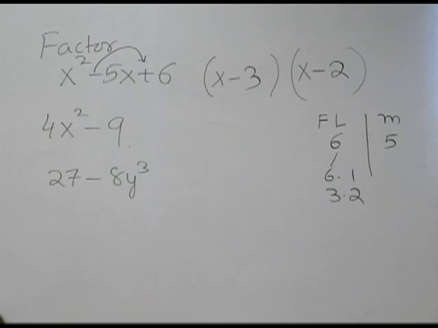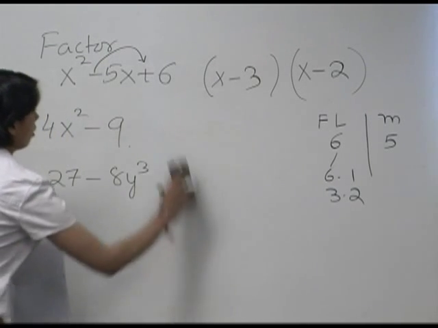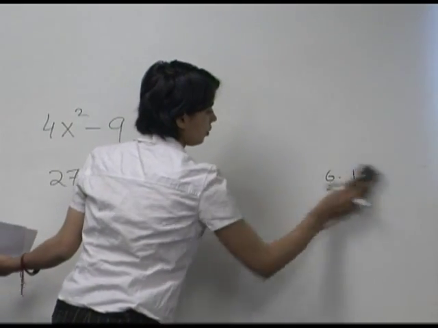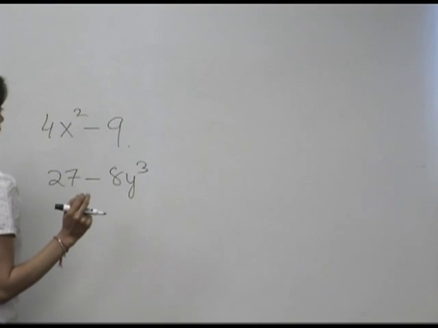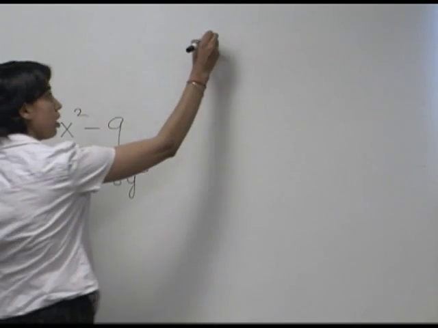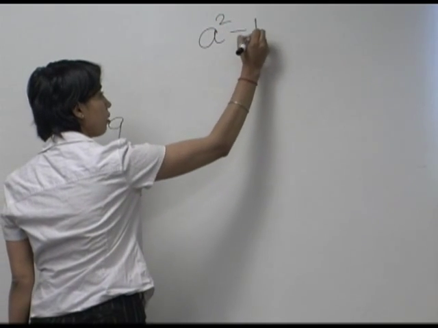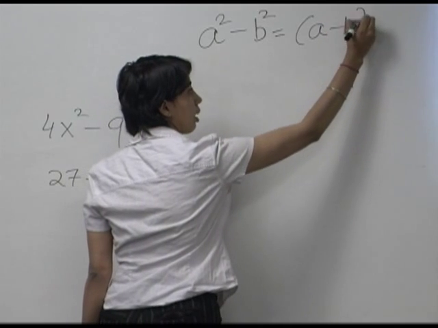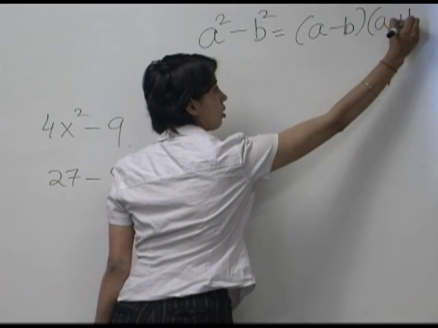And this one is about the difference of squares. Yeah. So, good. How should I start it? 2 squared and 3 squared, correct. We're going to try to apply this formula, a squared minus b squared, difference of squares method, a minus b times a plus b.